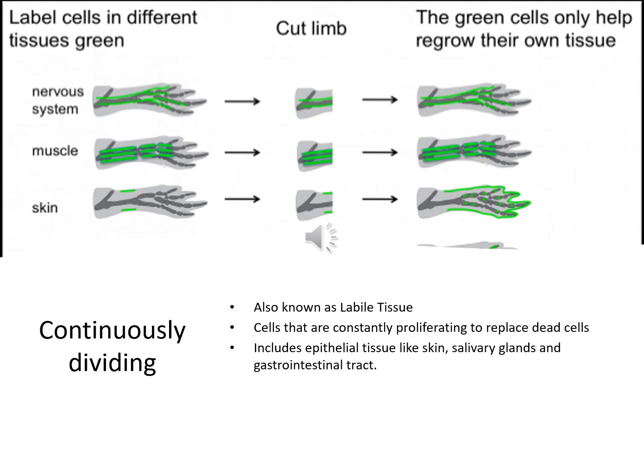Continuously dividing tissue. So I said before that they're constantly dividing and they replace dead cells. So our skin, etc., salivary glands, your gastrointestinal tract, that's always being damaged and replaced. Inside our stomachs, inside our intestines are always continuously dividing. So mitosis is going on there all the time.